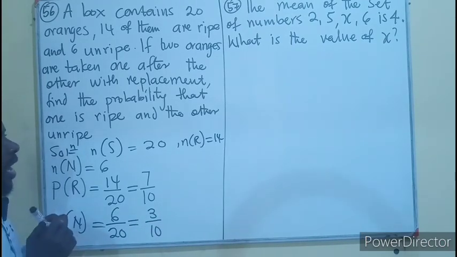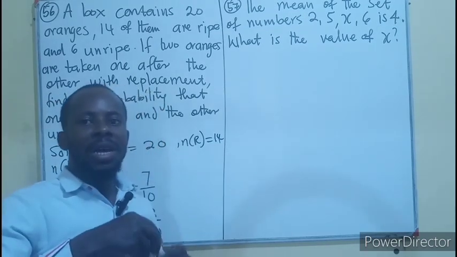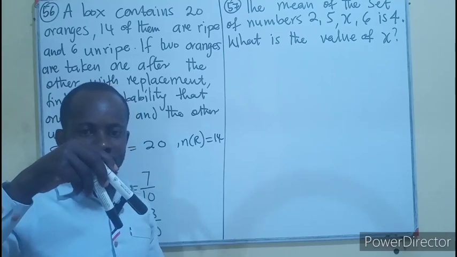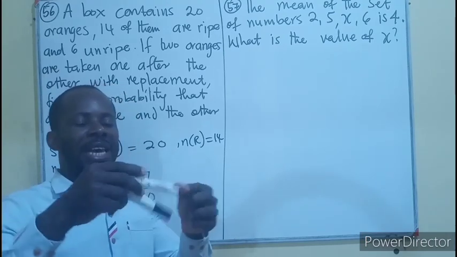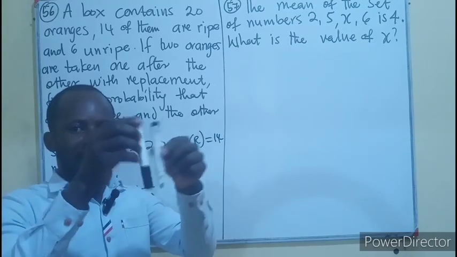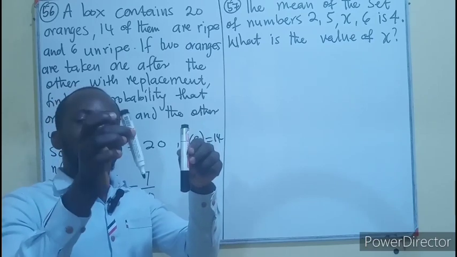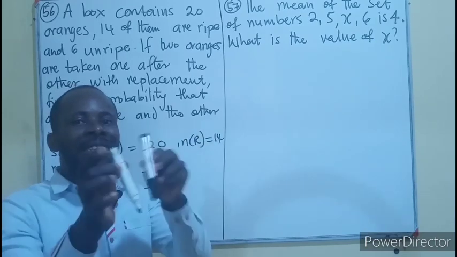Alright. But we are looking for the instances whereby 2 oranges are taken. So it could mean that the first one is ripe, the second one is unripe. That is first and second. It could also mean that the first one is unripe, the second is ripe. So that instance is there.